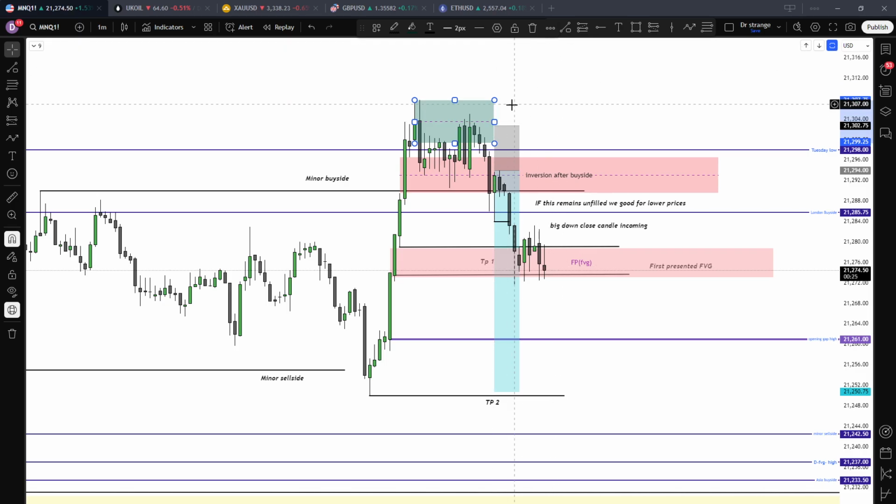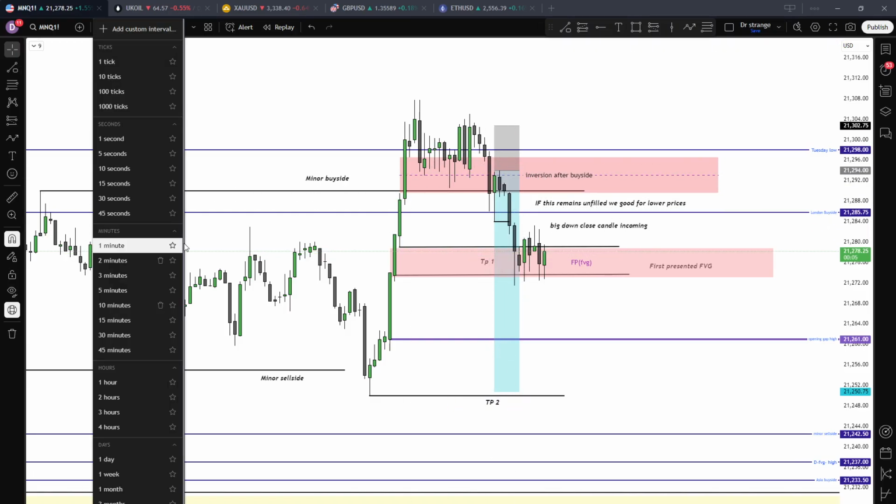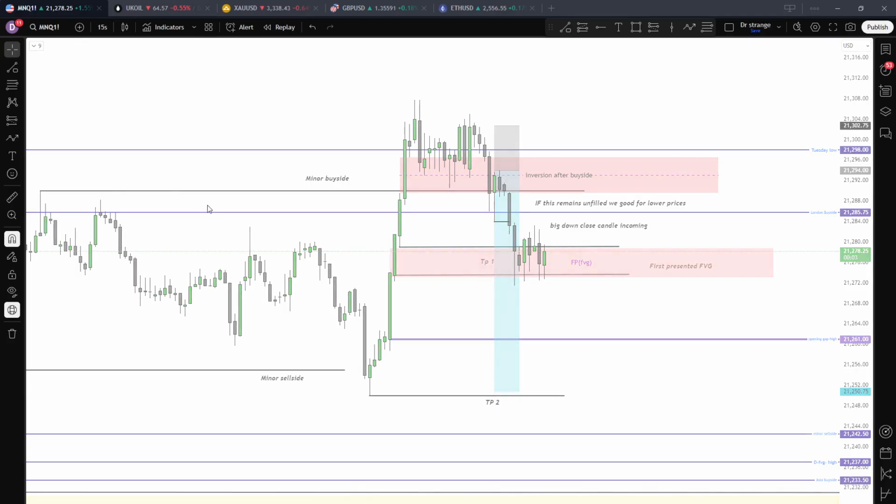Because the price action has been literally bullish the whole day. I'm gonna remove this order block. It really acted as an order block. So you see the perfect spot. You would engage price action on the 15 seconds after we have filled this inversion. You got the 15 seconds chart.